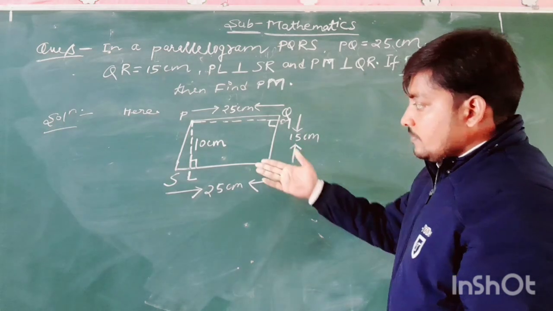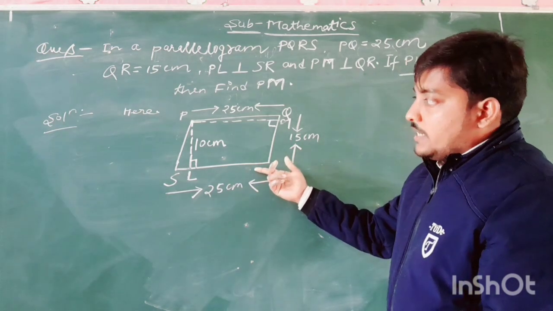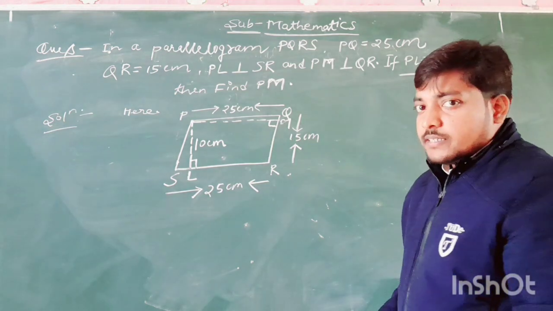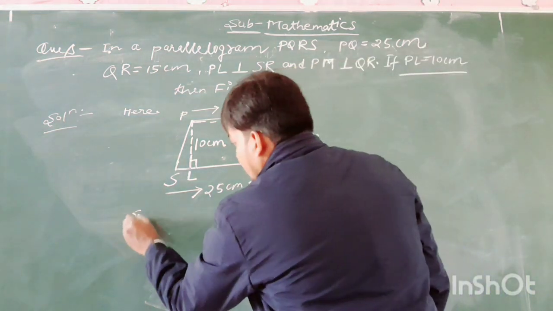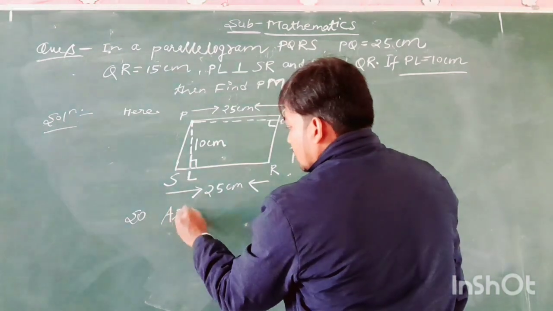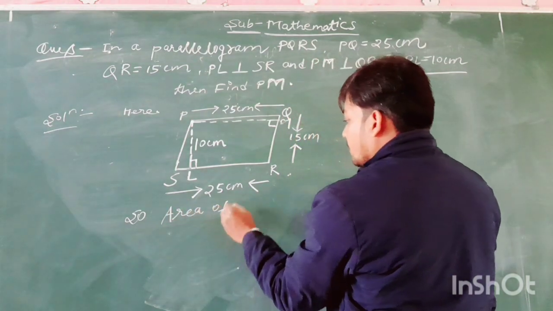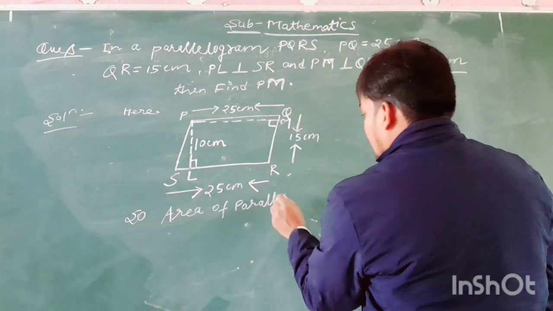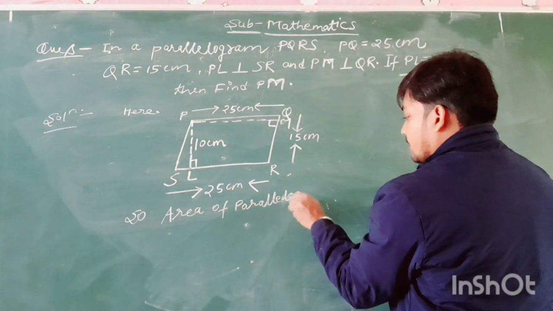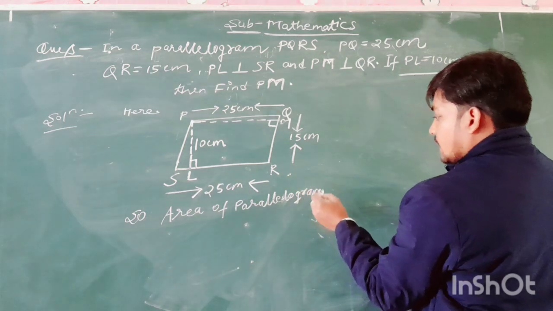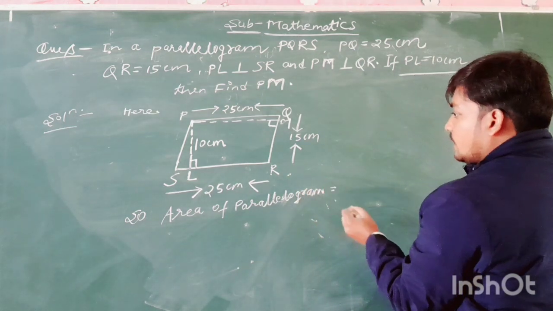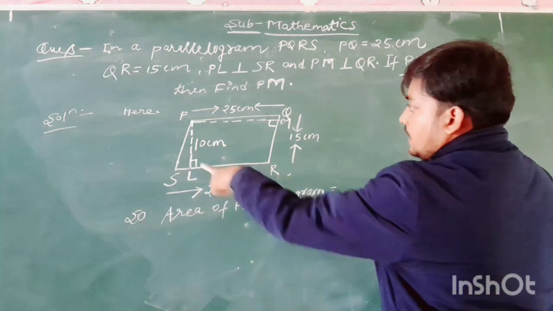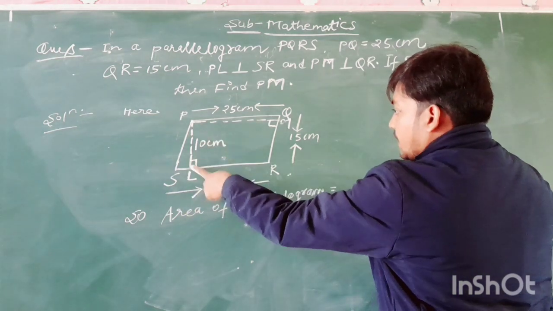and as we know that the area of the parallelogram is base into height. So area of parallelogram is equal to base into height. Here base SR and the height is PL.